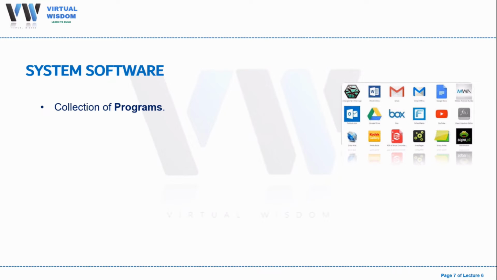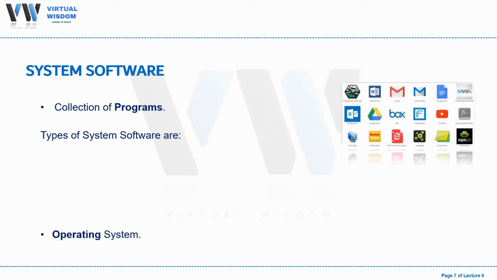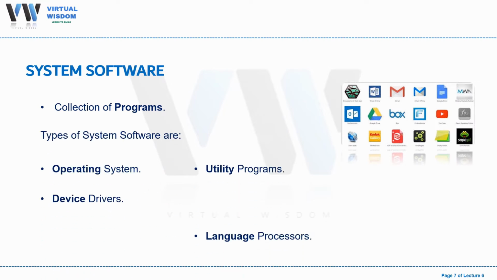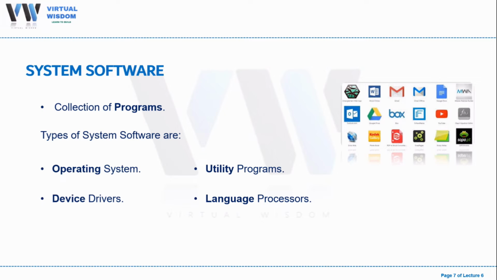System softwares are mostly developed by highly experienced programmers. Following are the types of system software: operating system or OS, device drivers, utility programs, and language processors.